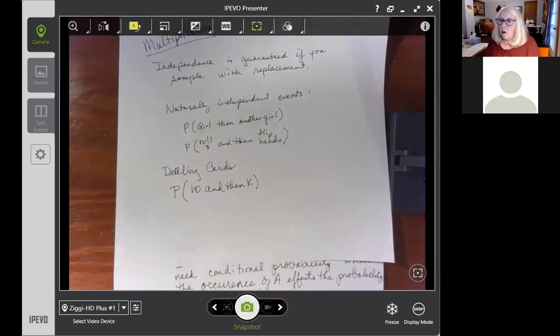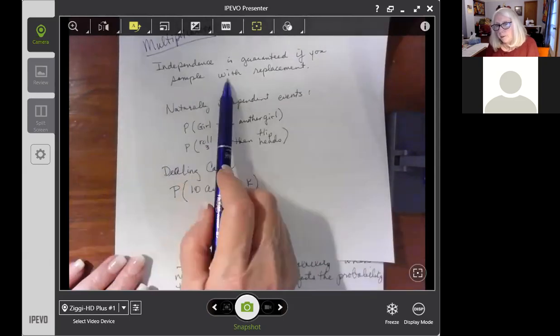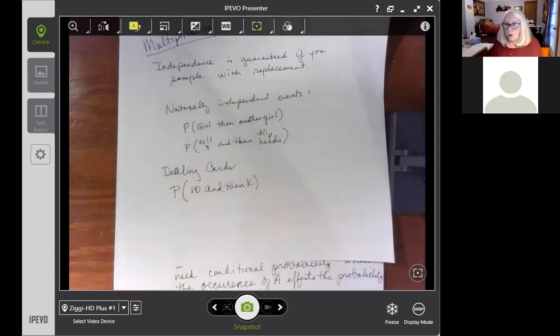Replacing that card into the deck returns the deck to its original condition. And doing that guarantees that the next event will be independent of the first event. In fact, we say, as I've written down here, independence is guaranteed if you sample with replacement. But most of the time in this situation, we do not sample with replacement.